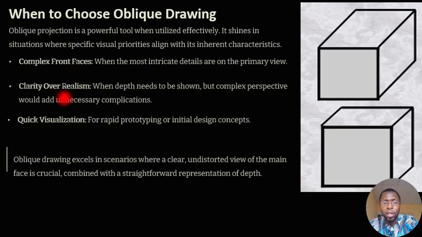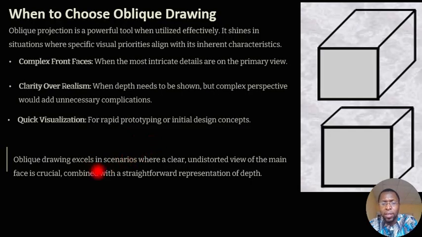Two, clarity over realism. With oblique drawing, you can get the clarity of the depth of the object, no matter how complex it may be. And it also gives quick visualization, as we said earlier, of how the object looks. Oblique drawing will give you that understanding.